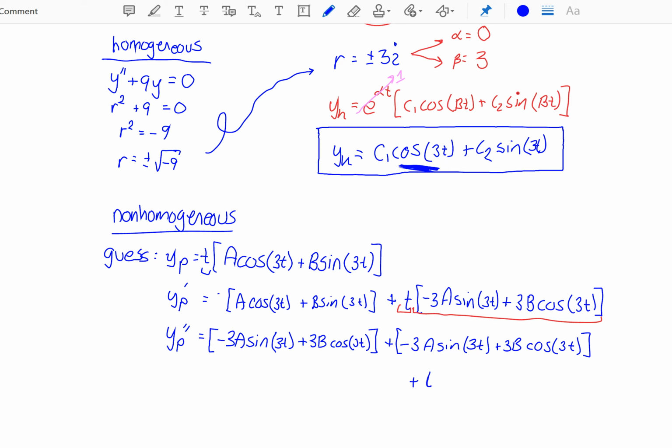I'm going to write that t there now so I don't forget it. And now I'll take the derivative of the second. When taking the derivative of negative 3a sine 3t, we're going to have another factor of 3 come out. So it'll be minus 9a cosine 3t minus 9b sine of 3t.